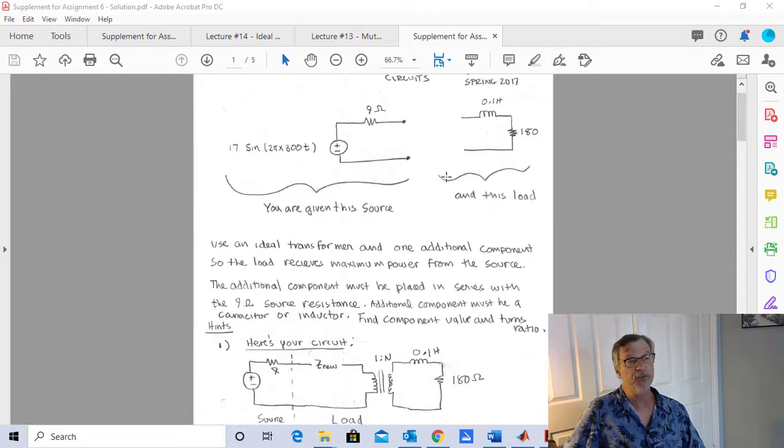And the transformer, when it reflects the impedance, does it just by a scalar. So this plus j is still going to be a plus j when it gets over on the other side of our transformer. That means I'm going to need a minus j over here, which means my component is going to be a capacitor.